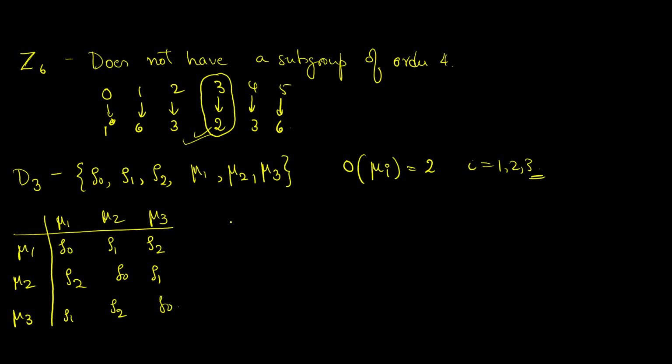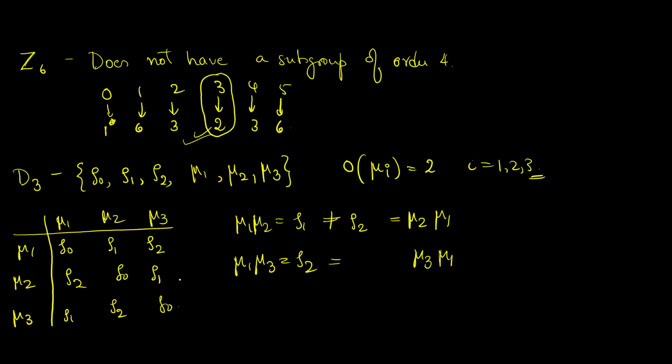And here mu1 times mu2 is going to be equal to rho 1, and mu2 times mu1 is going to be rho 2, which is not equal. So mu1 does not commute with mu2. Similarly, consider mu1, mu3. It is rho 2. And mu3, mu1 is rho 1, which is not equal, right? So mu1 does not commute with mu3 as well.